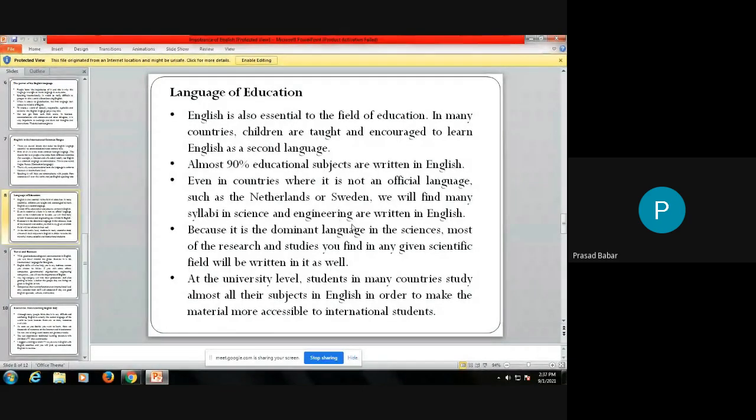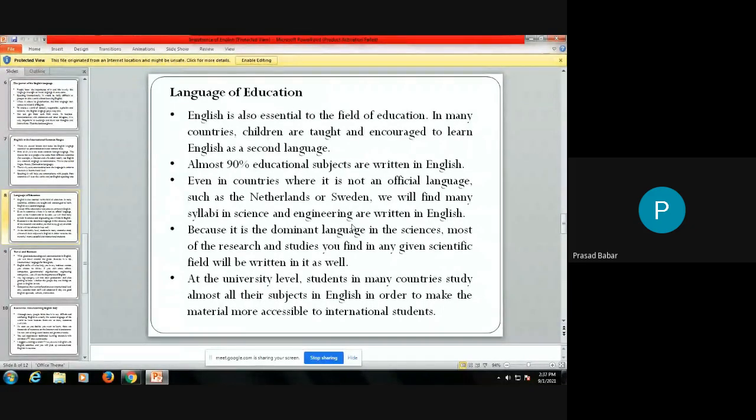So, in order to make the study material easier to understand, many university-level students in many countries study almost all of their subjects in English.